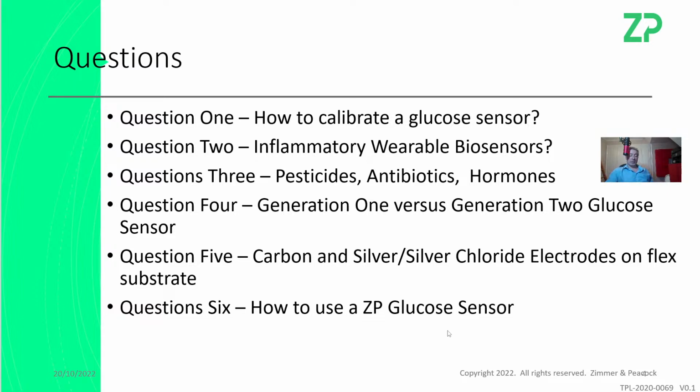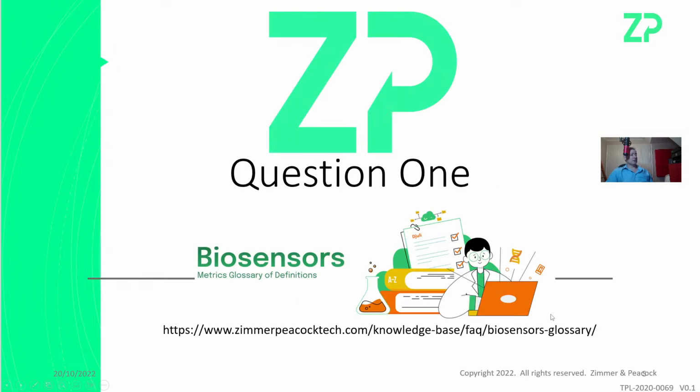So to get a more rounded answer on glucose sensing, I would suggest watching the entire video. If you're interested in biosensors, we also have quite a glossary of terms on biosensing. Again, if you see a URL or a link, that will be underneath the video as well.